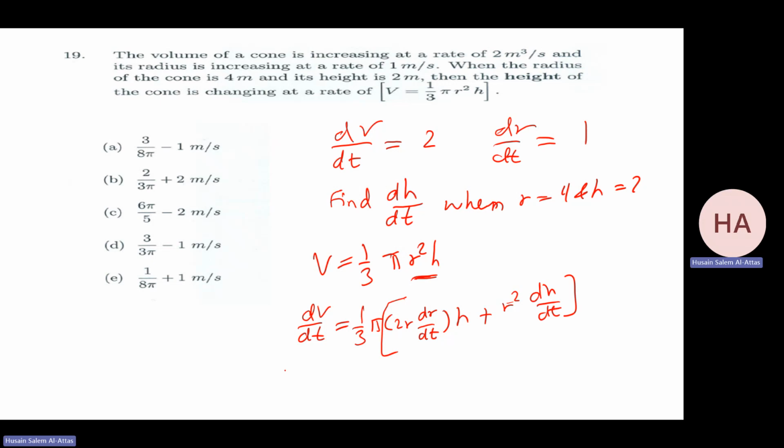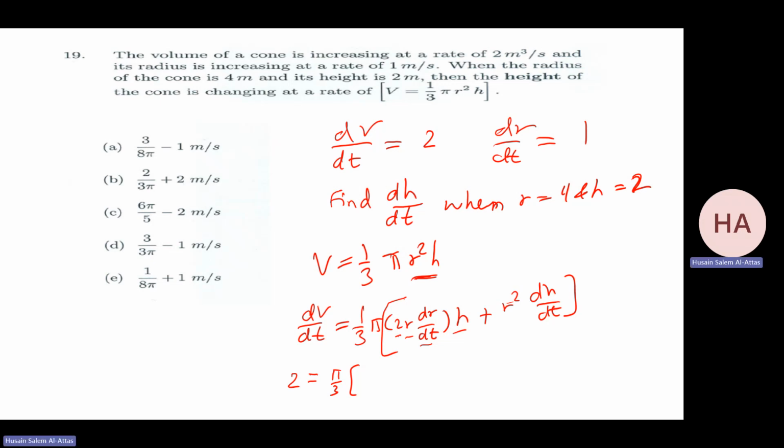So dV by dt, this is 2, equals pi over 3 times 2R. R is what? R is 4. H is what? H is 2. That will be 2 times R times dr by dt times H.